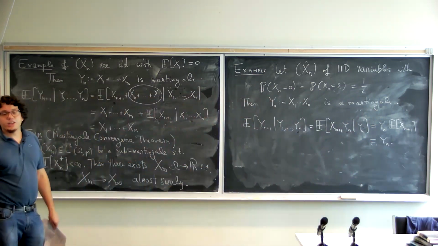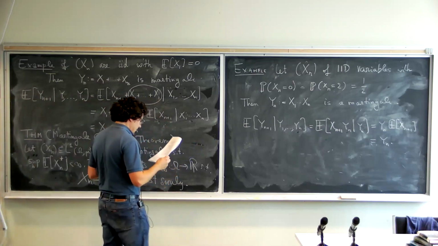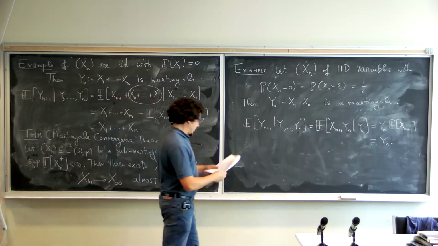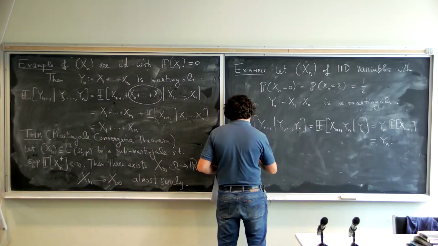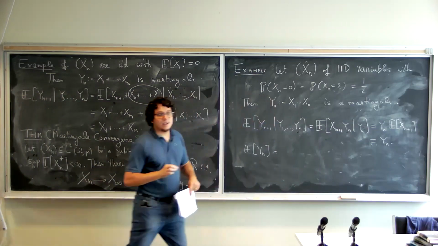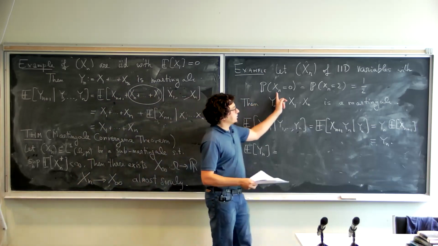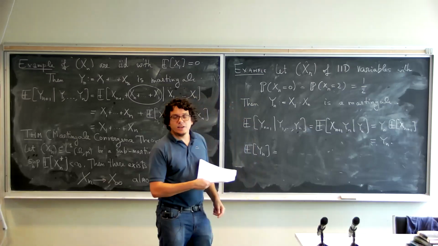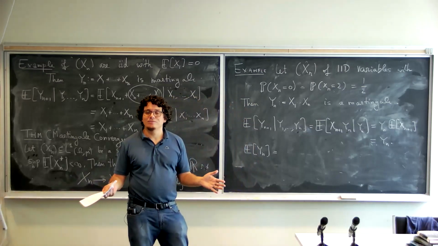Now, is this martingale integrable? Let's see. So we want to compute the expectation of yn. Well, if you think about it, it's a product of zeros and twos. So the only way that this one is non-zero is if all the outcomes are 2.